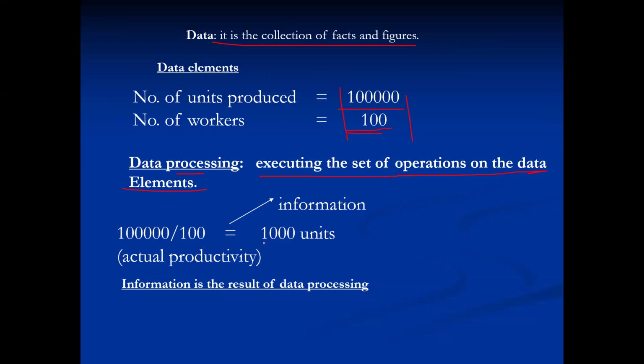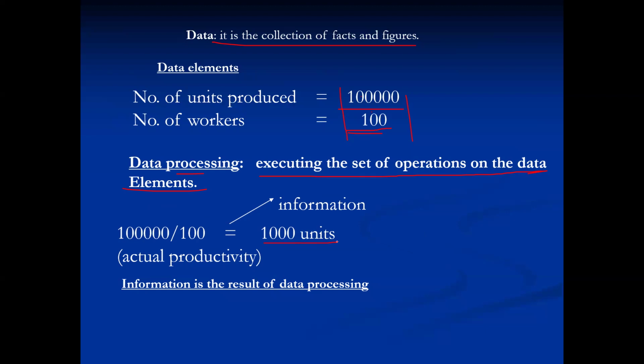That comes to 1,000 units per worker. This is called average production. In technical terms, this is called productivity. So on average, every worker has produced 1,000 units in the month of March. This is called actual productivity.